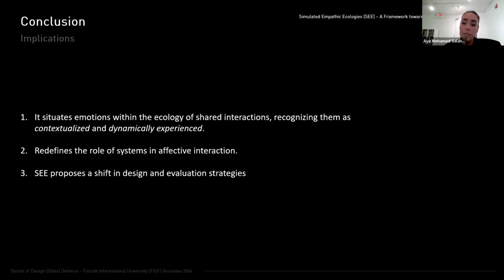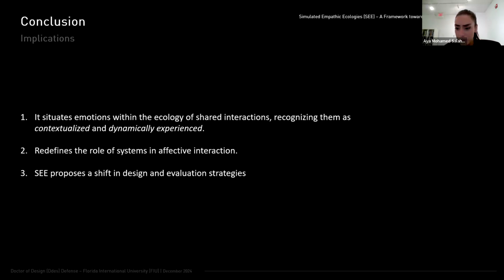Rather than purely decoding and transmitting emotions, it emphasizes creating environments, through an interactional approach, that users can explore, interpret, and even reframe their emotional experiences, actively shaping their affective realities through nuanced engagement with their surroundings.